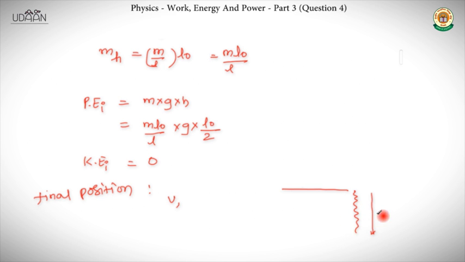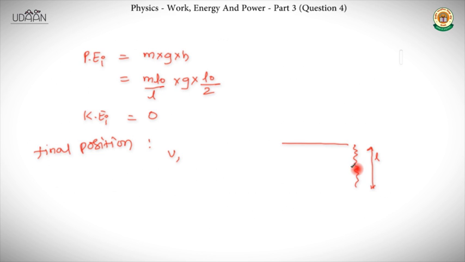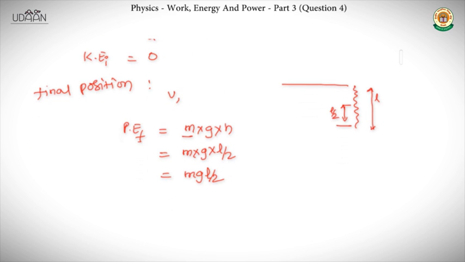The total length of the body is L, and the center of mass will be at L by 2. So the final potential energy of the body is mass into g into h. Here the mass is the total mass m, and h is L by 2, so it is equal to mgL by 2. As the velocity of the body is v, the final kinetic energy will be half mv square.